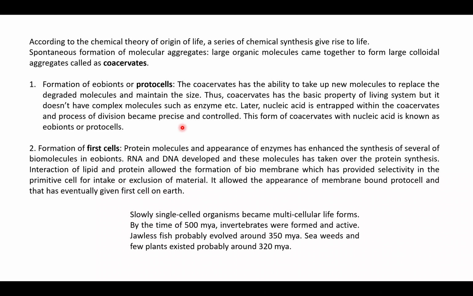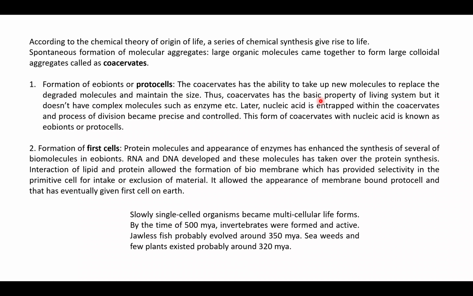Before the first cell, there was something called protocells. What is not there in protocells? Complex molecular mechanisms such as enzymes were not there. They had other abilities, like taking up new molecules to replace degraded molecules and maintain their size.